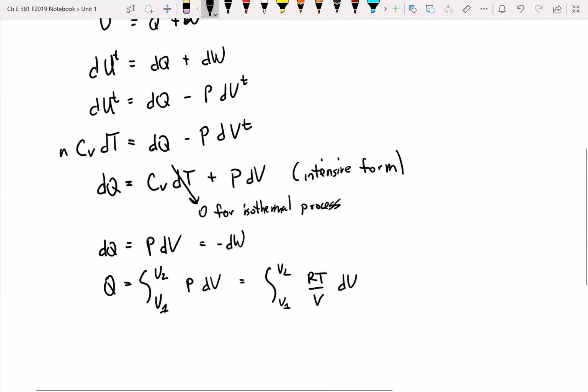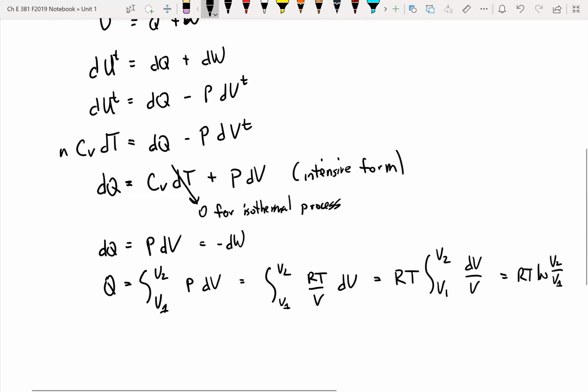If it's an isothermal process, both the R and the T are constant. And so I'm just left with dV over V, and the integral of 1 over V, of course, is the natural log.